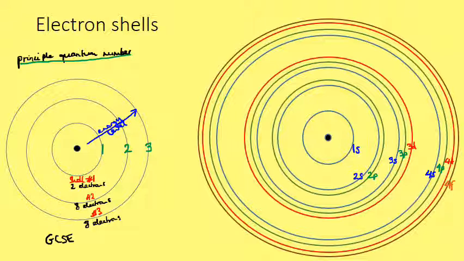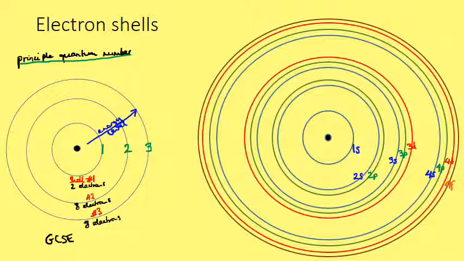The first is that I've drawn these sublevels as sort of circular or spherical sublevels. And that's not what it's like at all. The s sublevels are spherical. But p's, d's, and f's are certainly not spherical. There are all sorts of different shapes.